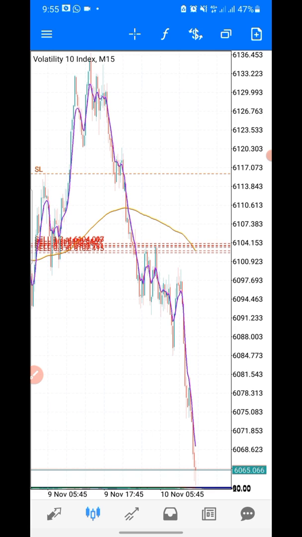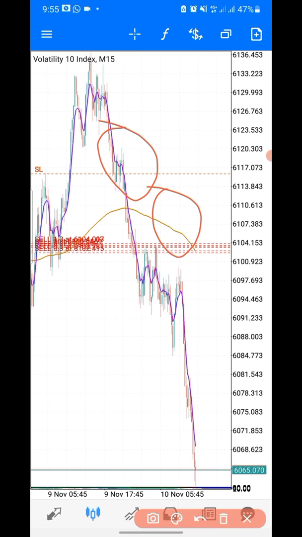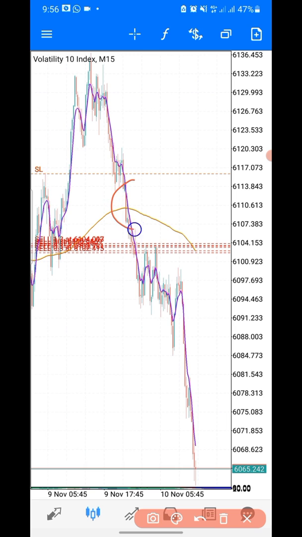Now, the thing we look for in this strategy is the crossover. This is the EMA 200 and this is the EMA 5. For us to sell with this strategy, price must be below the EMA 200, and then we have to wait for the EMA 5 to cross below the EMA 200.